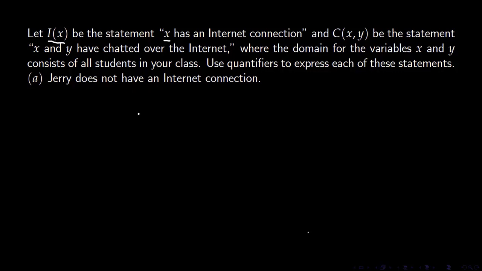So if I put Jerry in place of x, then this statement will mean Jerry has an internet connection. So how to negate this? Does not have, so I have to put the negation. In this way this will become Jerry does not have an internet connection. So this is the statement in logical expression form.